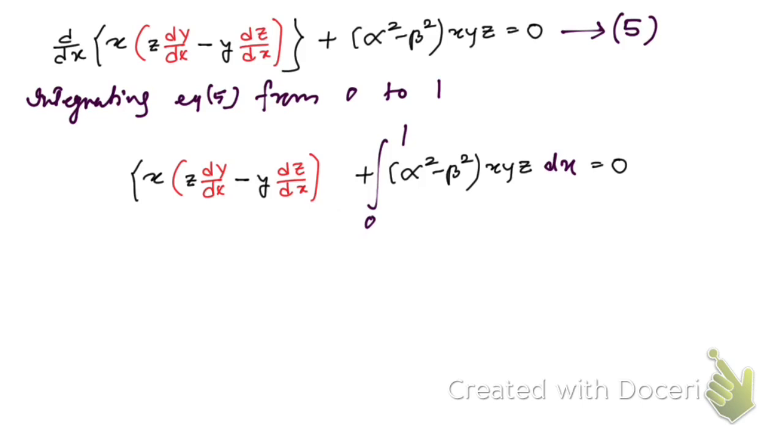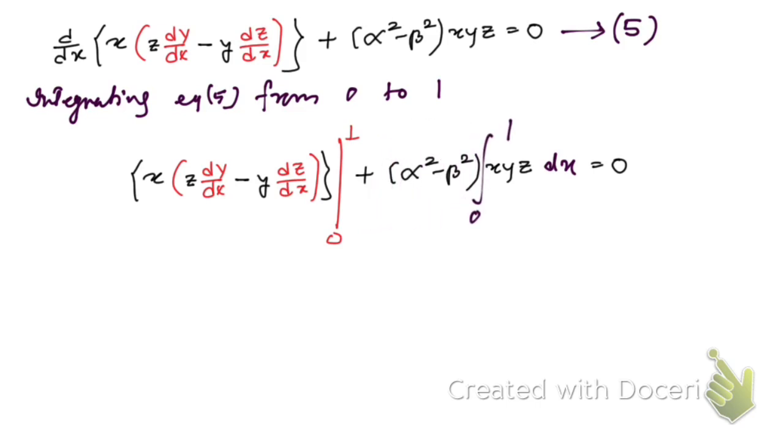So this is going to be equal to this, integrated from 0 to 1. Here this part is a constant part, so we can write this integral here.